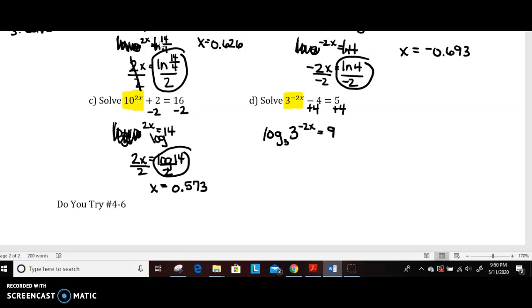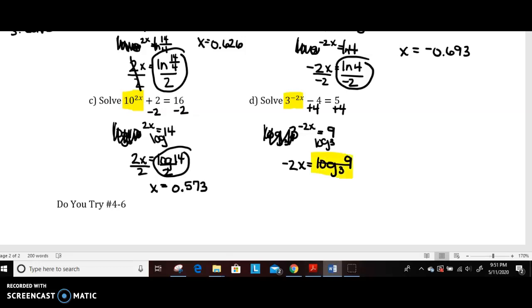Those match. Do it to both sides, log base of 3. So those go away, and I get negative 2x equals the log base of 3 of 9.